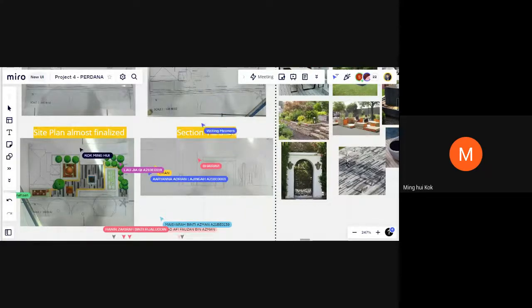And here is the sitting area. So after the students or users take the book from the library, they can go directly to the sitting area here, or they can go to the classroom area. So this is my site plan.